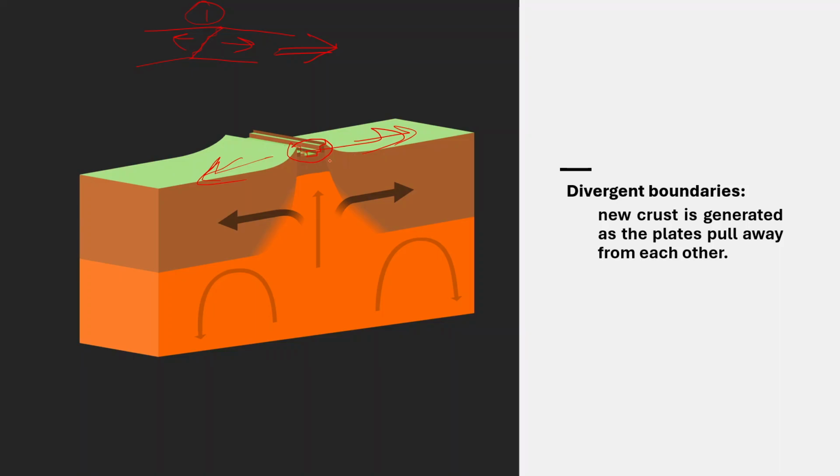In the upcoming slides I'll be discussing it, but I can tell you now that the faults, the weak zones formed over here, are normal faults. I'll also discuss this when I'm discussing the different types of faults, but I thought it would be better to tell it here also. So this is moving away from each other, this center zone is breaking apart, and you have this particular structure going on over here.